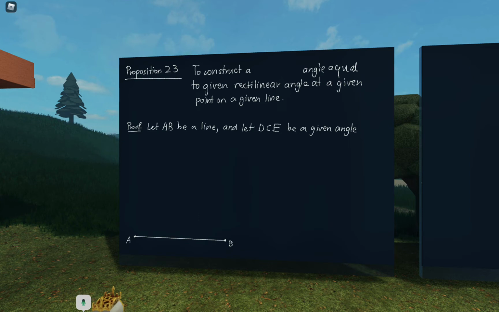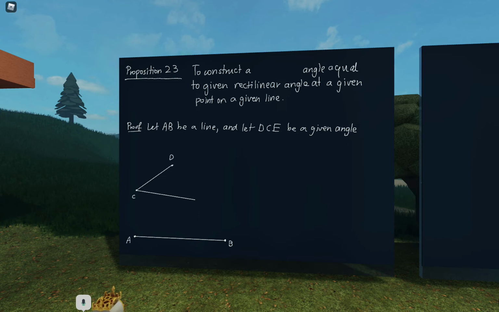I have a vague feeling that you could point to angles in figures that aren't actually bounded by lines whose vertices have been named, so maybe it has some content, but I think it doesn't matter. Let DCE be a given angle. Okay, so here's the given angle.